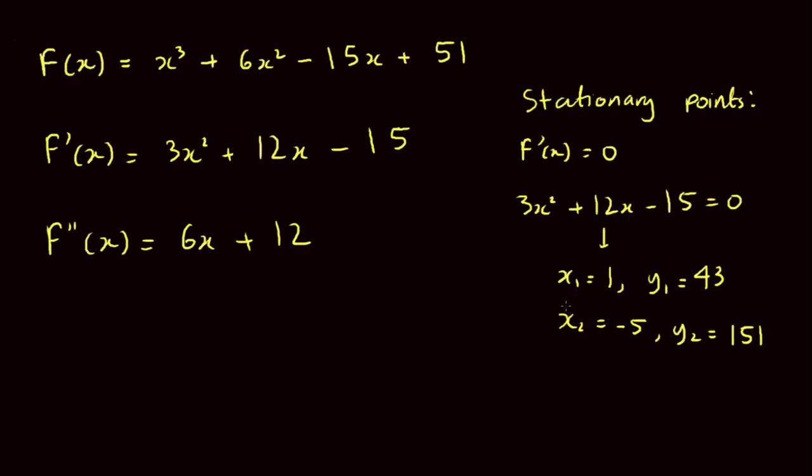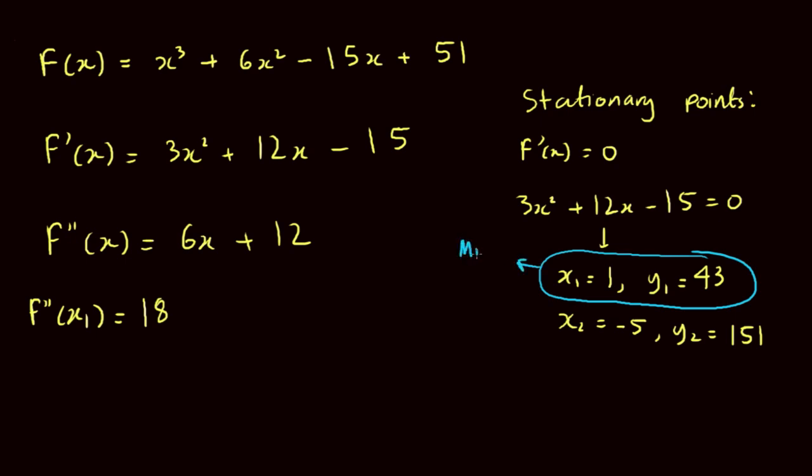Also, I want to check f double prime at x1. Is it positive or negative? In this case, 6(1) plus 12 is positive, so therefore we know that this is clearly a minimum point, which is a very important thing to note down.